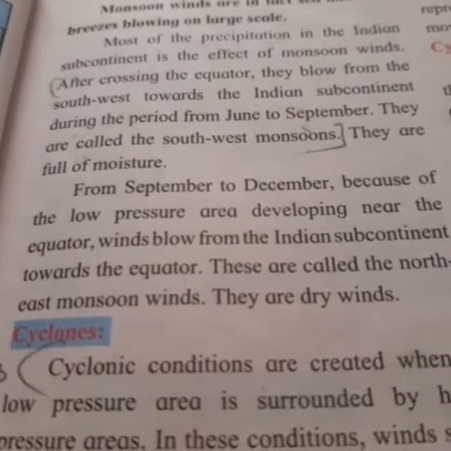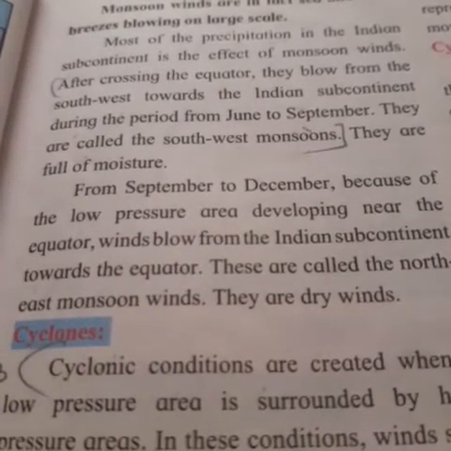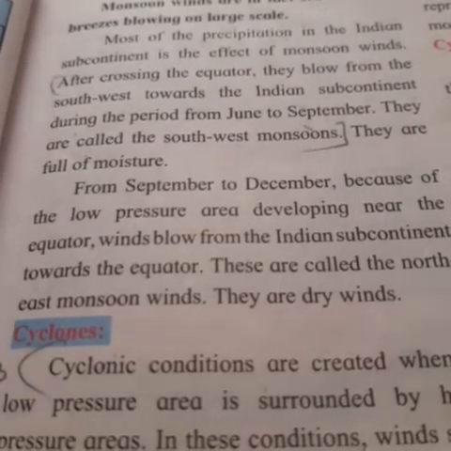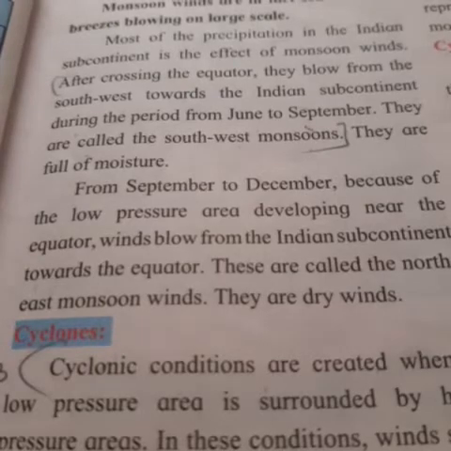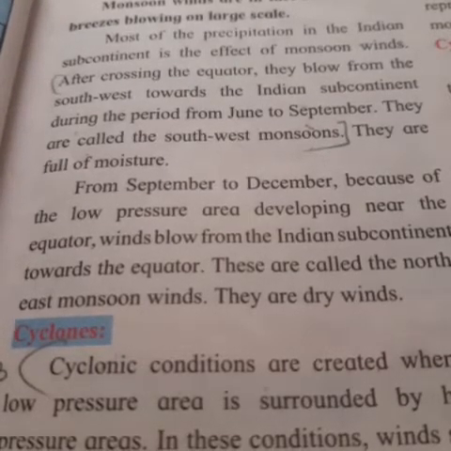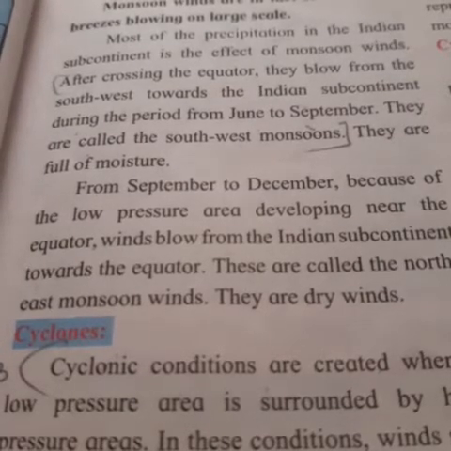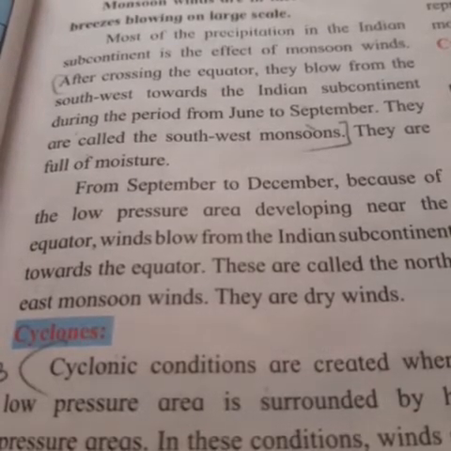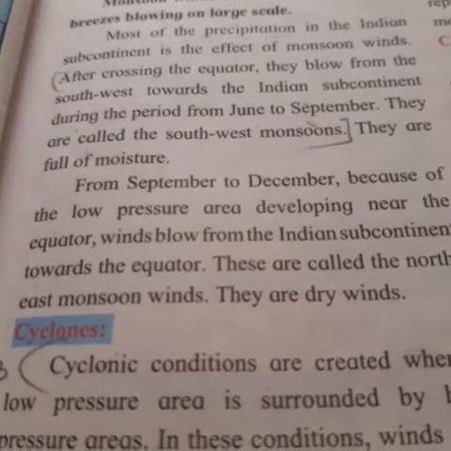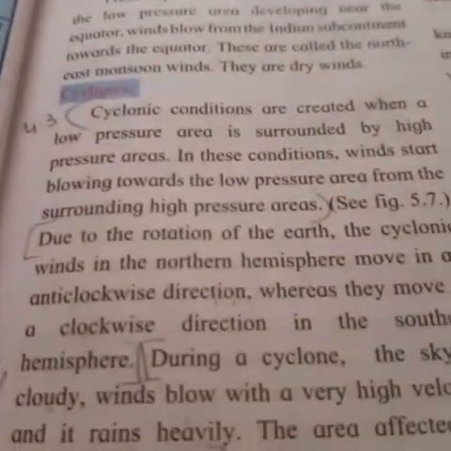From September to December near the equator, low pressures are developed and the wind blows from the Indian subcontinent towards the equator. These are called northeast monsoon winds, and it is a dry wind because it is blowing from the land towards the ocean. Okay. Now cyclone.